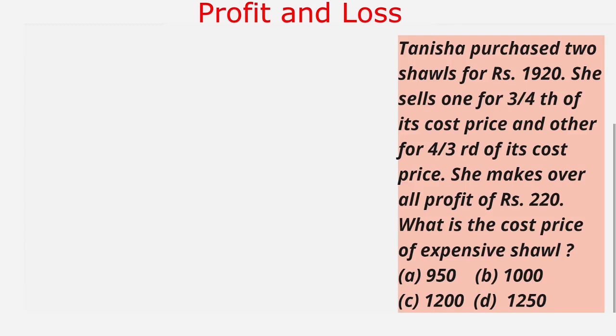So we assume the cost price of first shawl to be 12x and cost price of second shawl to be 12y. Therefore 12x plus 12y equal to 1920, which is the cost given to us of 2 shawls. And I give this equation to be equation number 1.